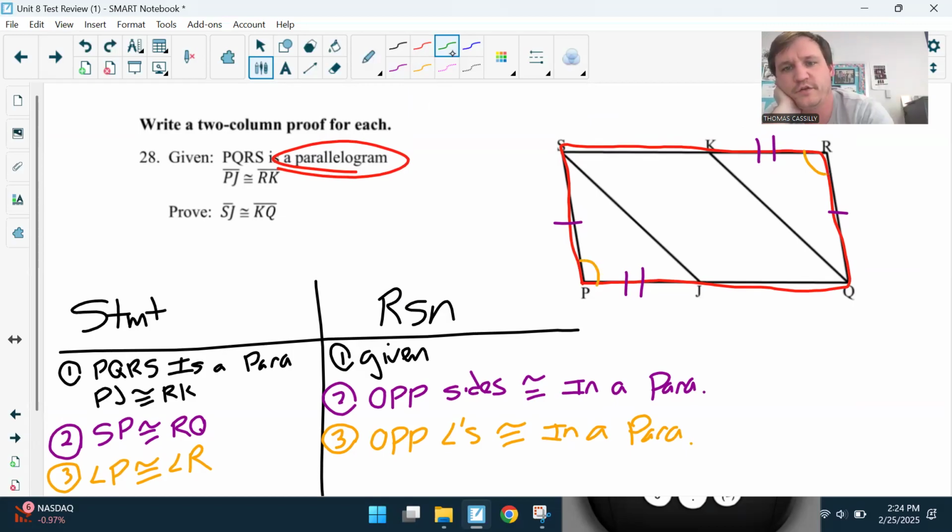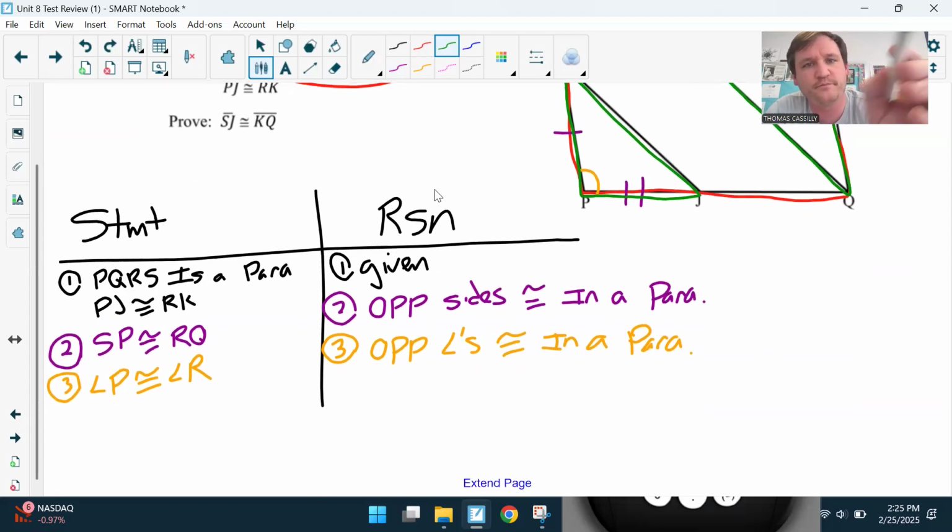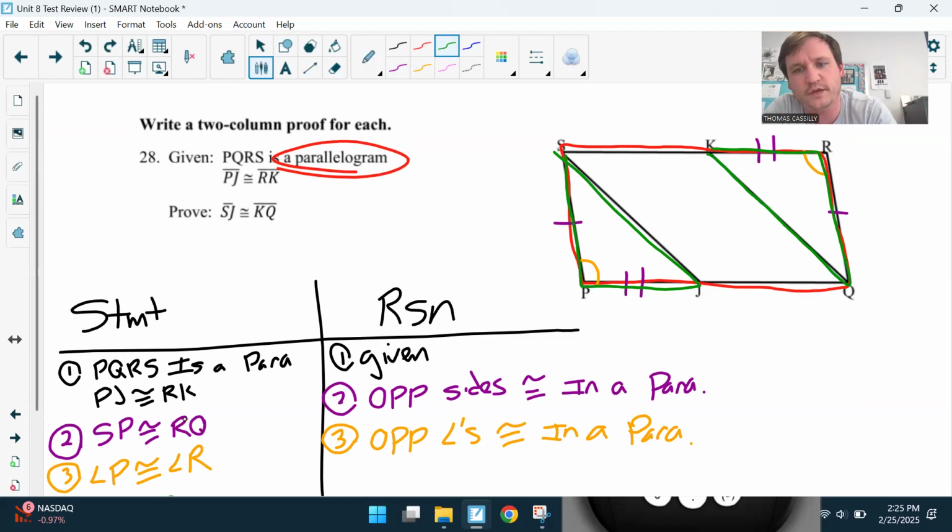Then let's look at these triangles. What can we say about these two triangles here? Turns out that they are congruent. You got a side-angle-side triangle going on here. So step 4, triangle SPJ is congruent to, remember the order does matter, S to P to J is going to have to go with QRK.